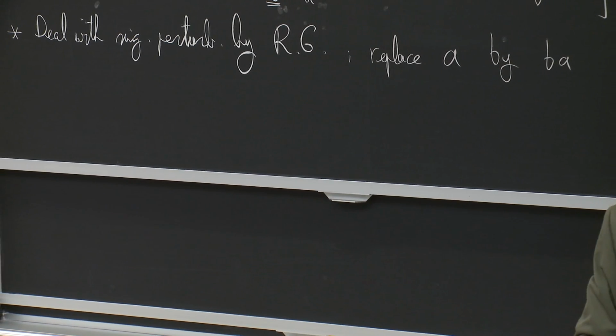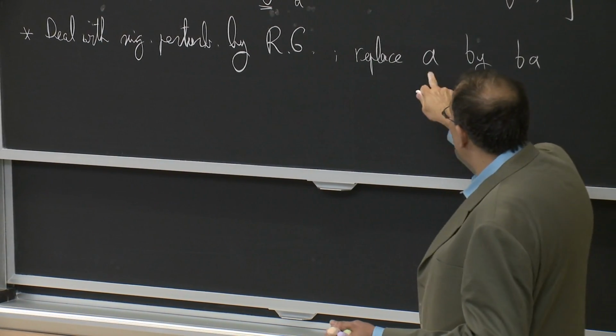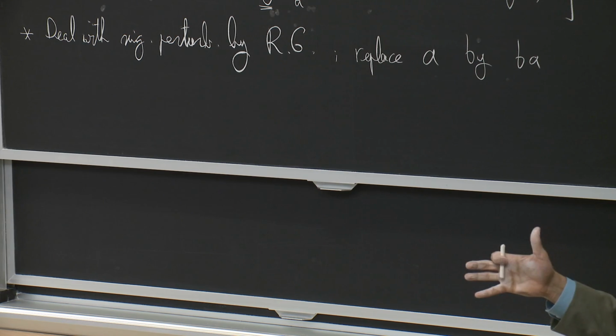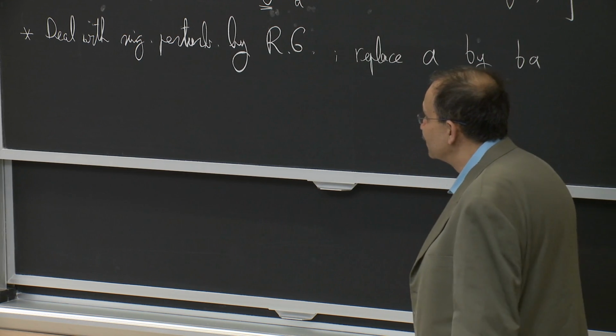And rather than integrating all the way to infinity, we integrate only over short distance fluctuations between a and ba. This is our usual RG motivation.